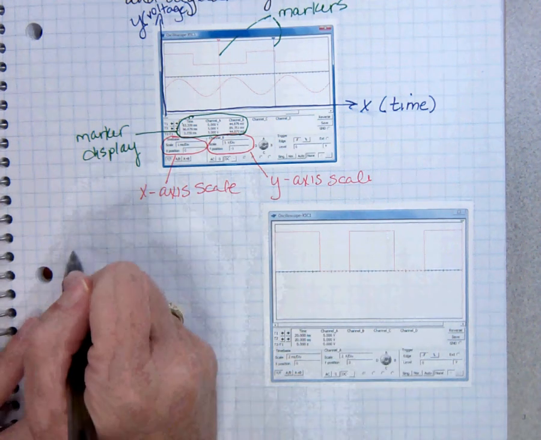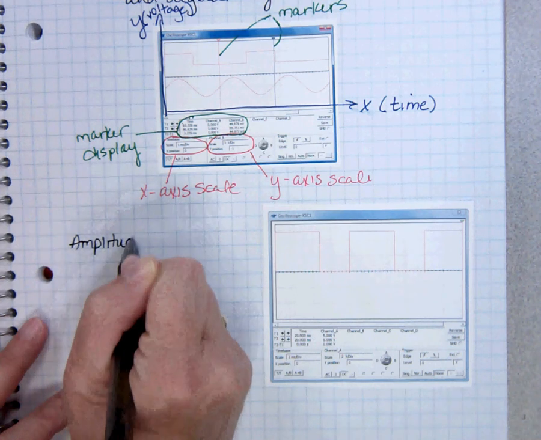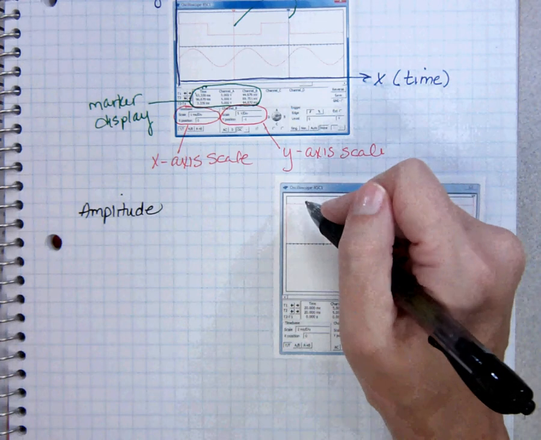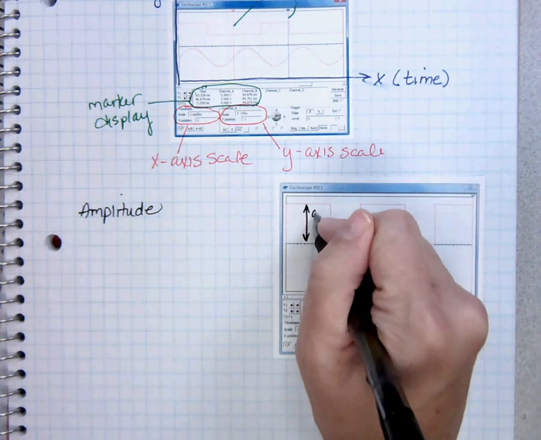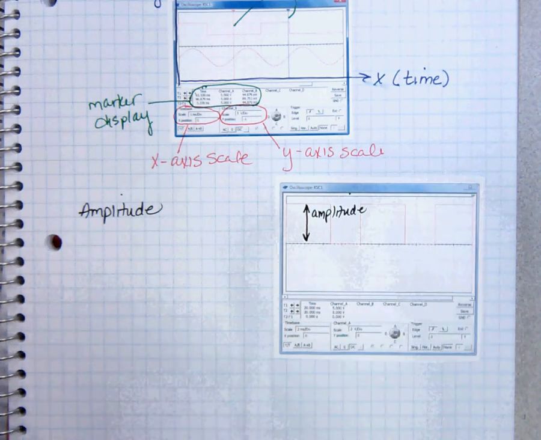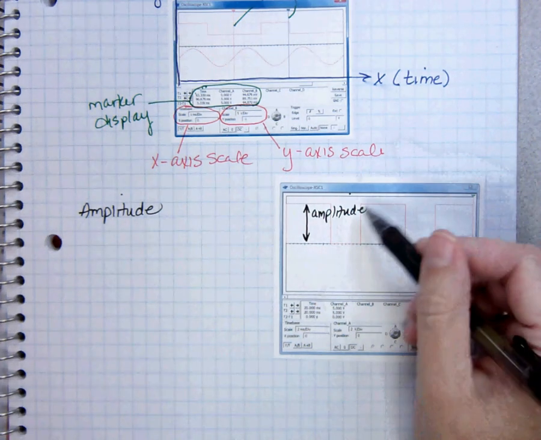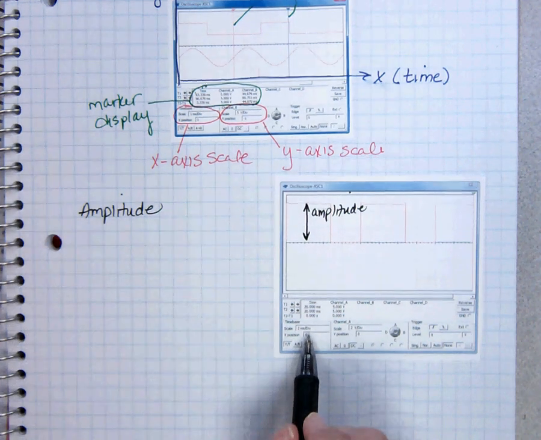Okay, so let's start out with determining the amplitude of our signal. Remember, the amplitude is this value here. There are actually no values on our graph itself, so what we have to use are the x and y scale values.